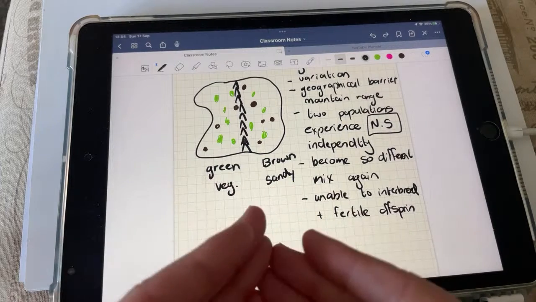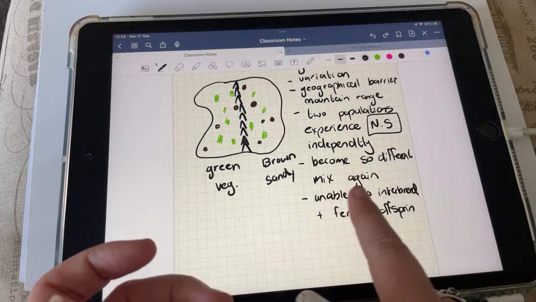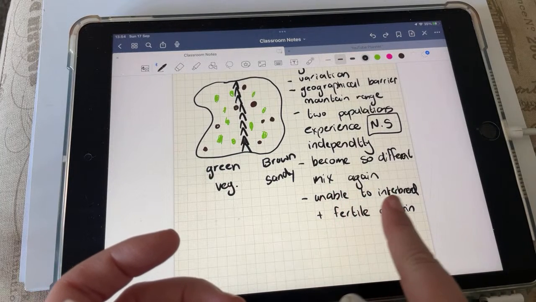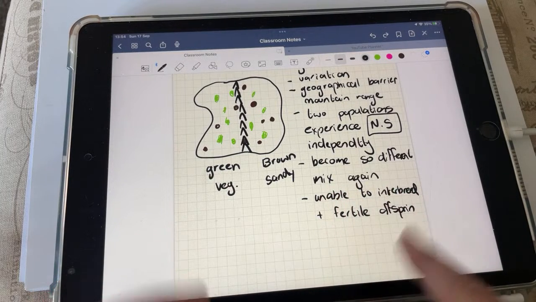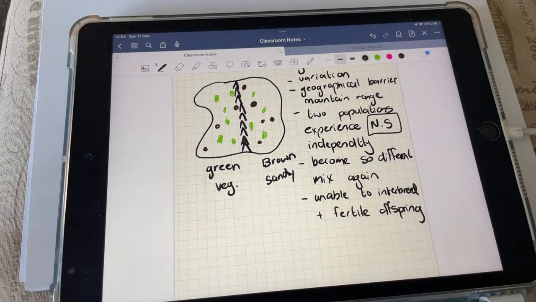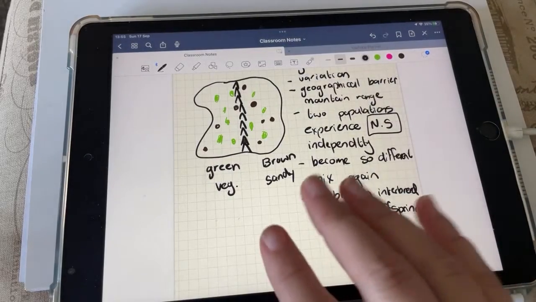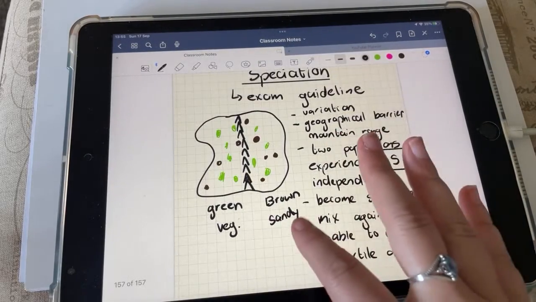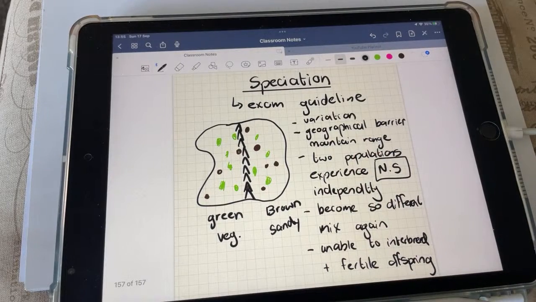Because of these differences, if they were to ever mix again, they'd be unable to interbreed and produce fertile offspring. So that's what makes species different. And we're always talking about the phenotypic differences in these instances. They very rarely ask for genotypic differences.